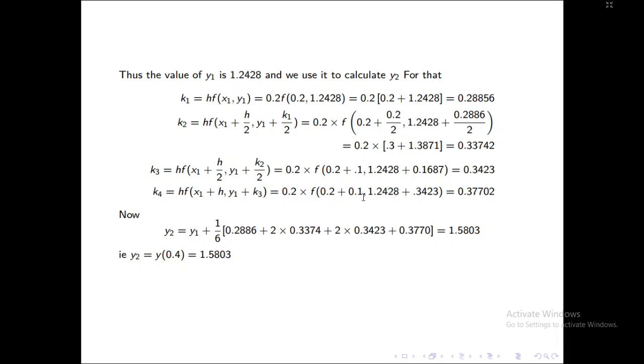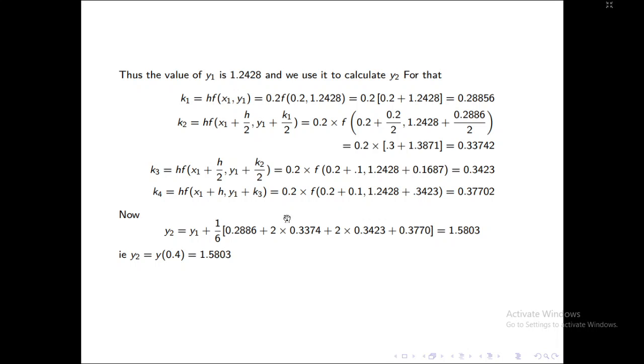And here it is y1, that is 1.2428 plus this k3, 0.3423, and it is equal to 0.37702, which can be rounded as 0.377.